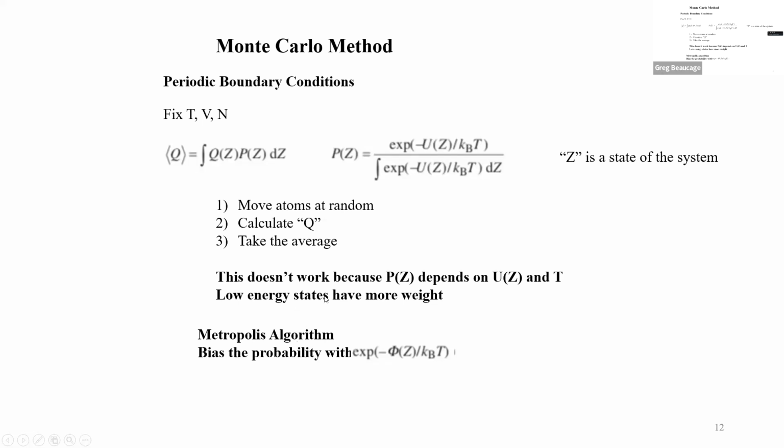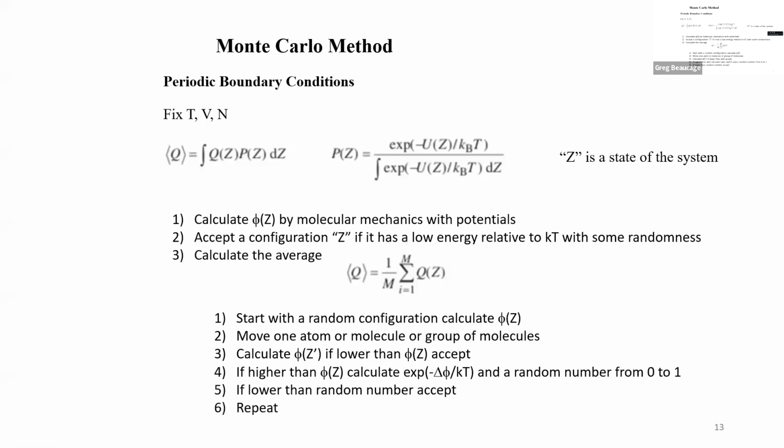So that's the Metropolis scheme using the partition function. Anyway, that's in the book. It goes through it step by step, but it's the same thing. That's just the Metropolis Monte Carlo approach to doing a simulation.